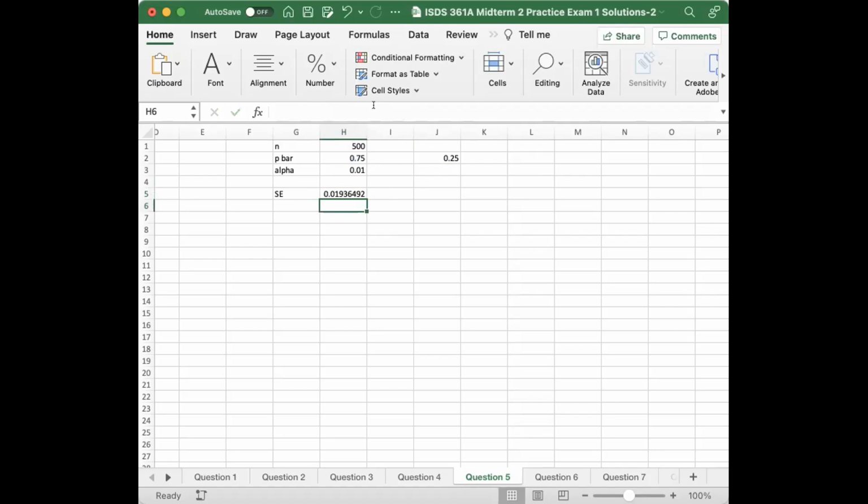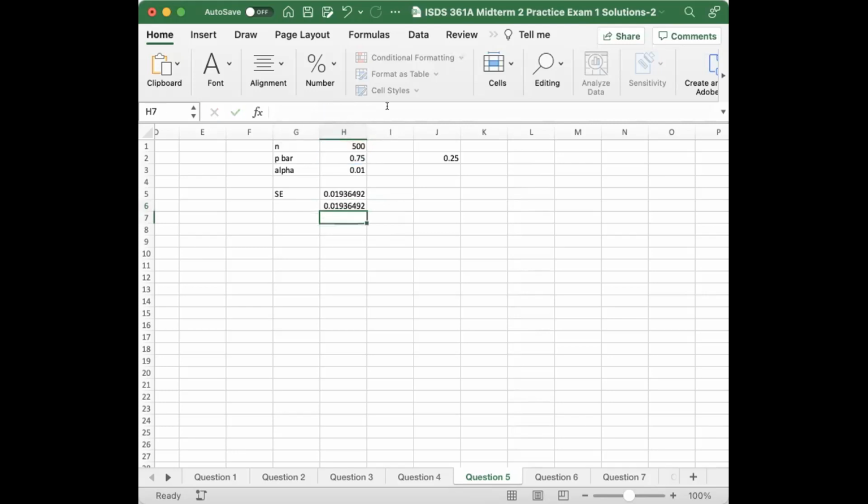So there is our standard error. It's going to be 0.019. Just to show you guys how you could do this if you didn't do this step, it would be equals square root of p-bar times 1 minus p-bar, so now we'd have to open parentheses 1 minus p-bar, close the parentheses, put another parentheses, divided by n.